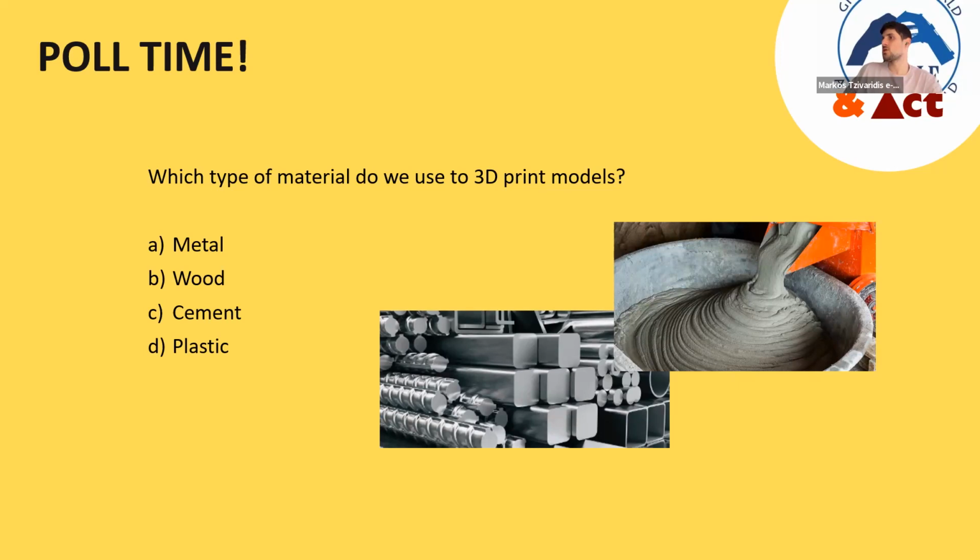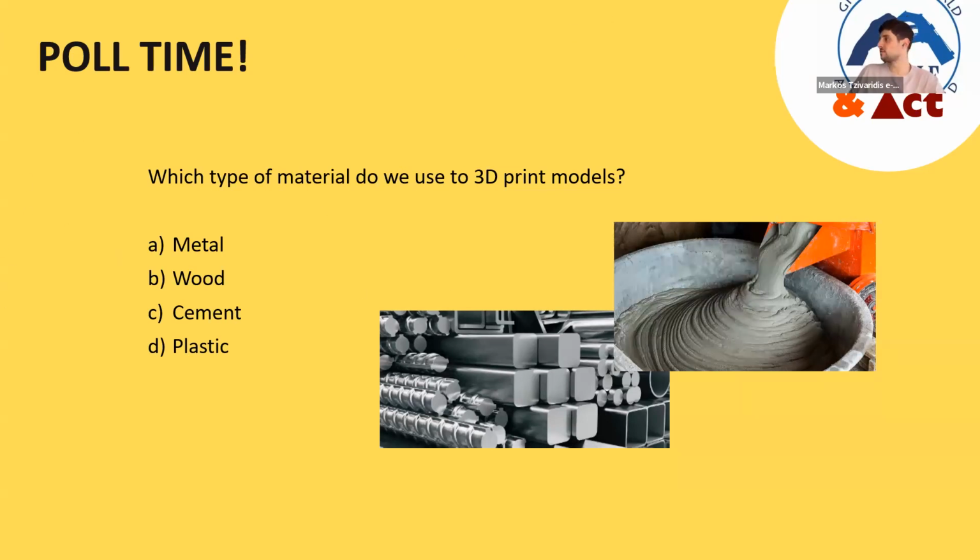everything. So whatever you would answer would be the right answer, basically, or the wrong one, because we can use all of those four materials to print. We can use metal. On the previous video, we saw metal printed. We can use wood, but not just 100% wood. Part of the print can be wood, and we will see in the next slides how this is going to be created.